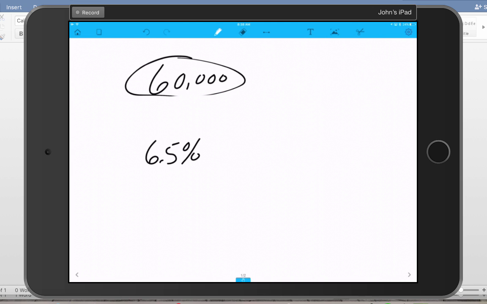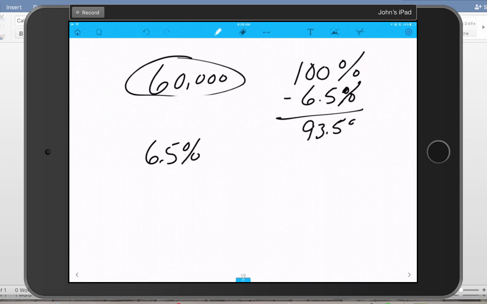Now, on seller net problems, the easiest way to remember this is to always start with 100% and subtract the commission rate, 6.5%. When we subtract that, we end up with 93.5%. I always like to convert my percentage to a decimal, so I'm going to move that decimal point 2 places to the left, which will give me 0.935.